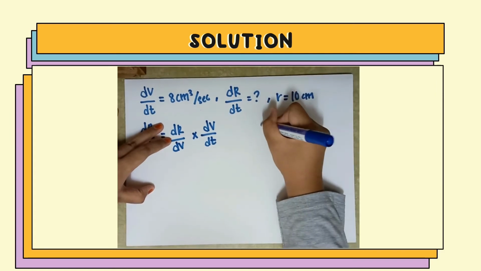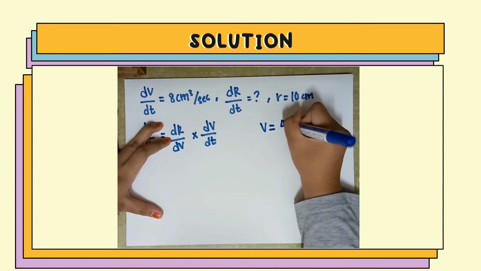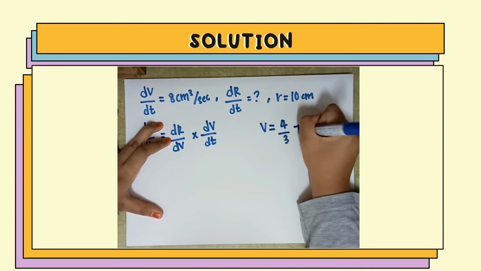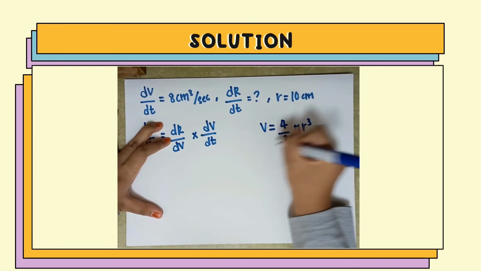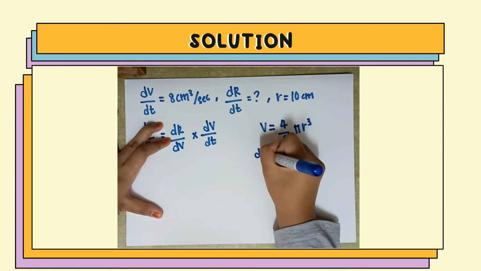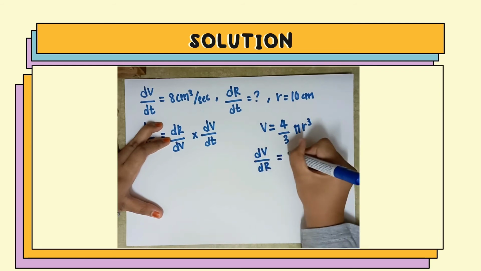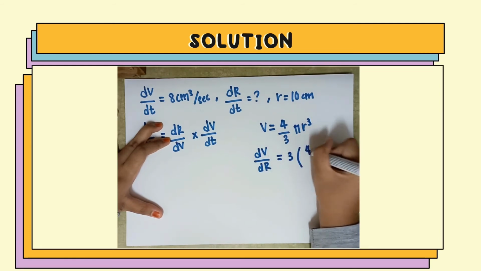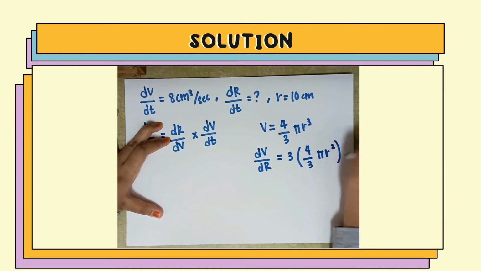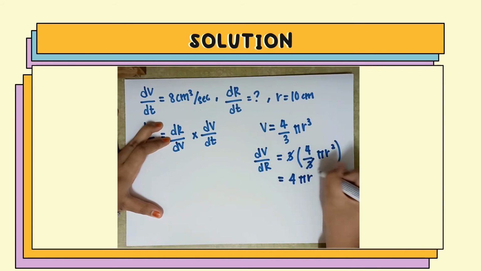So the volume of the spherical balloon is 4 over 3 pi r cubed. So we need to differentiate it, okay? So dV over dr equals 4 over 3 pi r to the power of 3, and we can cancel the 3, so the answer is 4 pi r to the power of 2.